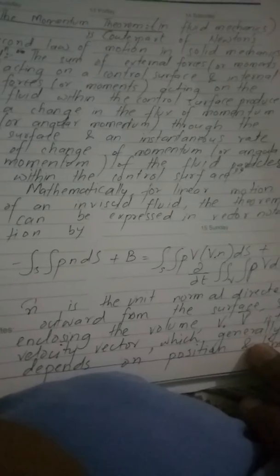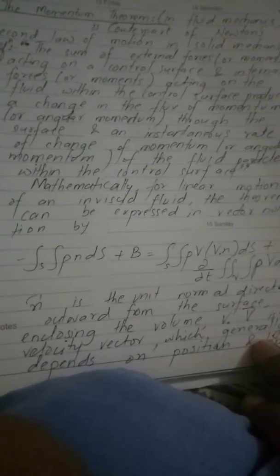The definition is: the sum of external forces or moments acting on a control surface and internal forces or moments acting on the fluid within the control surface produce a change in the flux of momentum or angular momentum through the surface, and an instantaneous rate of change of momentum or angular momentum of the fluid particles within the control surface.